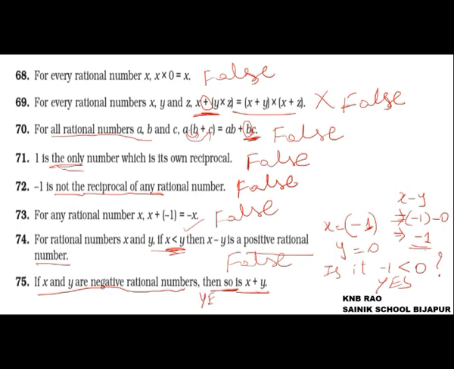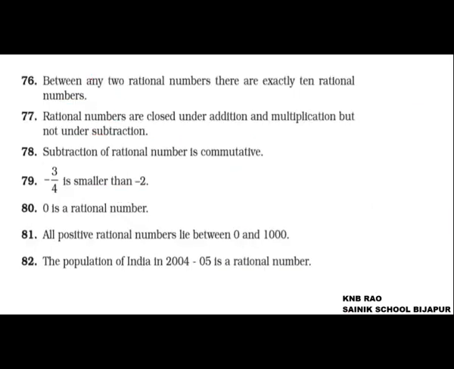Yes. So this is true. Then we'll continue with the next, 76th question. Between any two rational numbers, there are exactly 10 rational numbers. It is false. We have infinitely many.